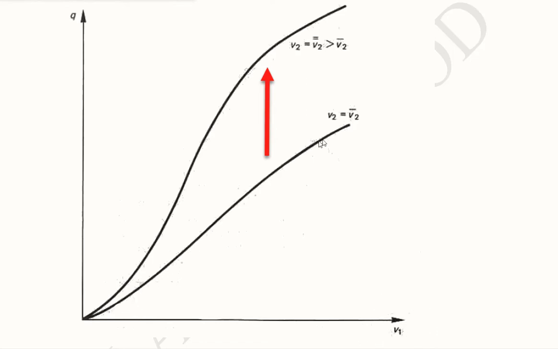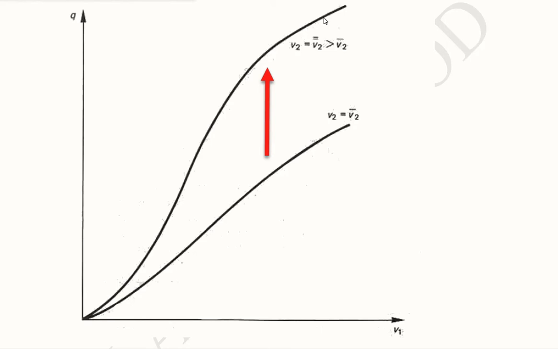It is the standard form of the total product curve, that it has increasing returns to scale, then CRS, and then DRS. Now another possibility is considered, in which we have increased the other factor of production from V2 bar to V2 double bar, and V2 double bar is greater than V2 bar. It means that we have allowed the other factor of production to increase, for instance, from 100 to 200, and if so, the same curve will be shifted, which is shown by this red arrow, and you can see it is now at a higher level.